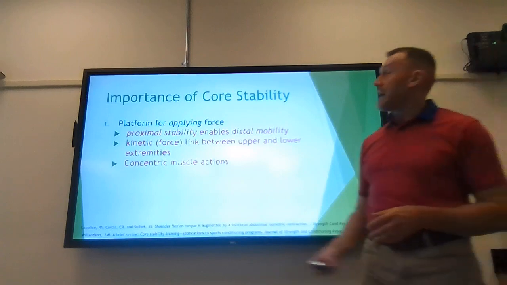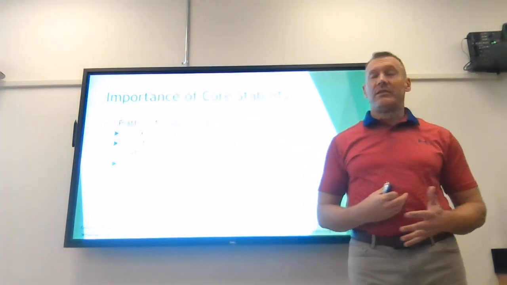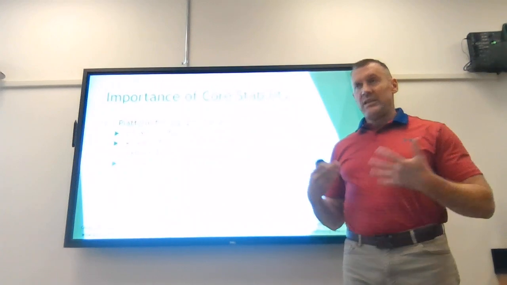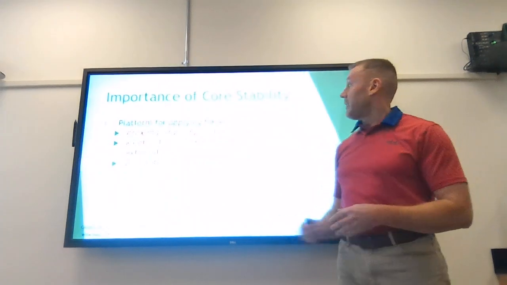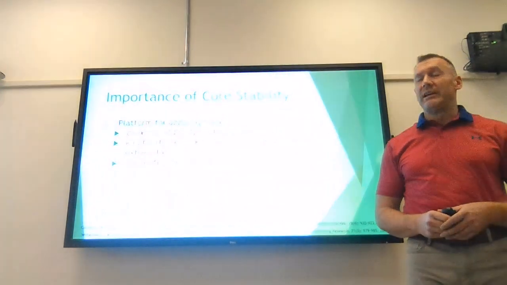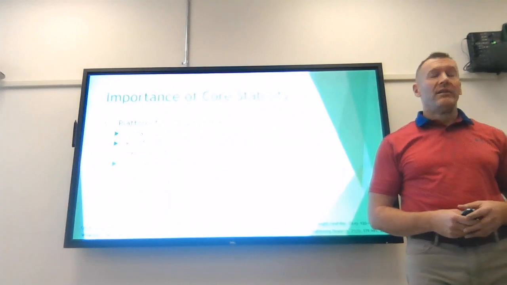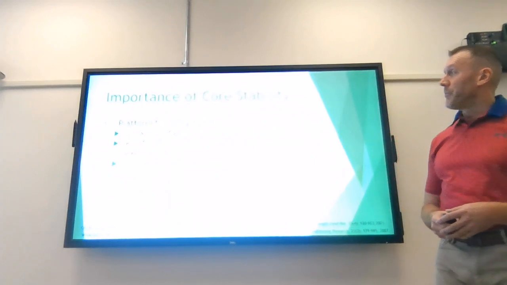We say proximal stability, in other words, stability in the center of our body, creates distal mobility. That has to do with our arms and legs. So we're stable in the center, and then we're more effective in the movement of our arms and legs.